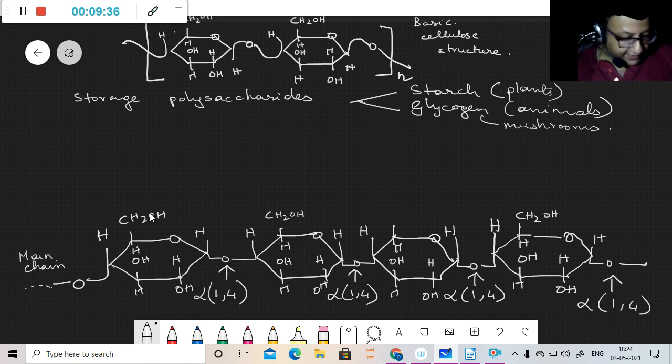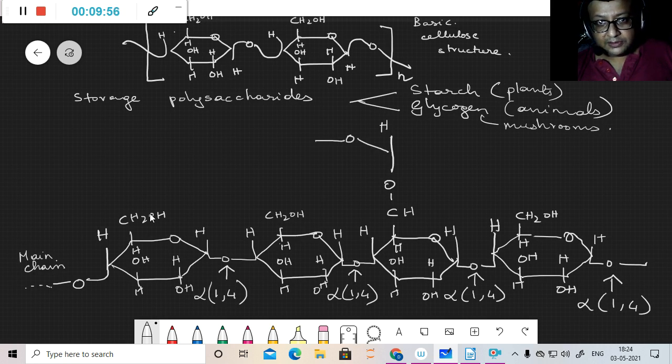At the same time, you have alpha 1 to 6 linkage. This is CH2. Instead of OH, you have another glycosidic bond which is formed over here, and you draw the glucose link. This is a branch point over here.